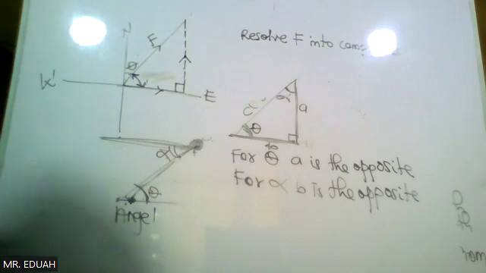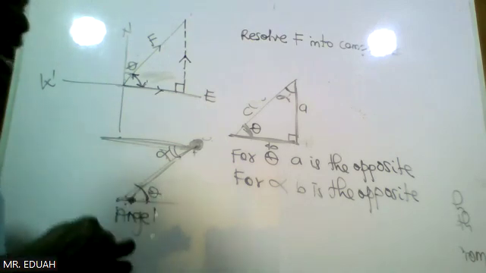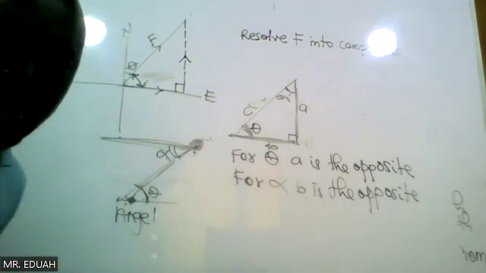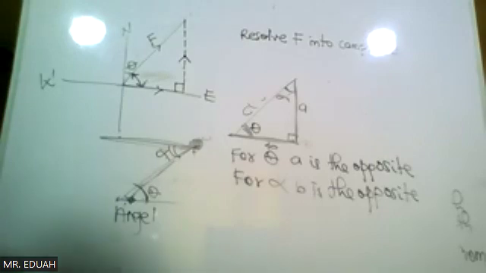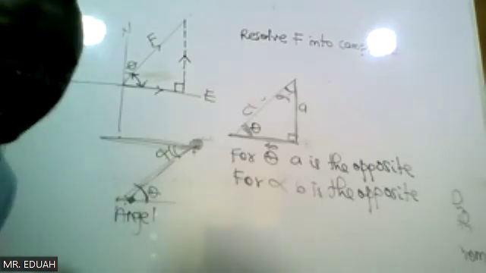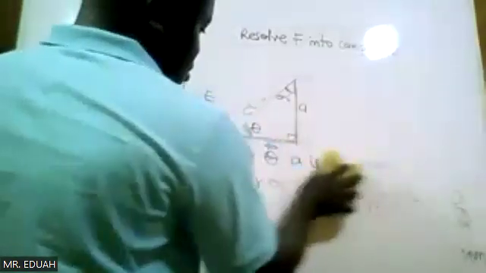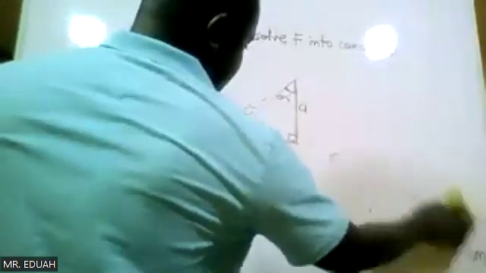For theta, A is the opposite, and for alpha, B is the opposite. The hypotenuse is always the longest side, so that can easily be identified. Usually, the problem area is the opposite. So let's use that to look at the trig ratios.